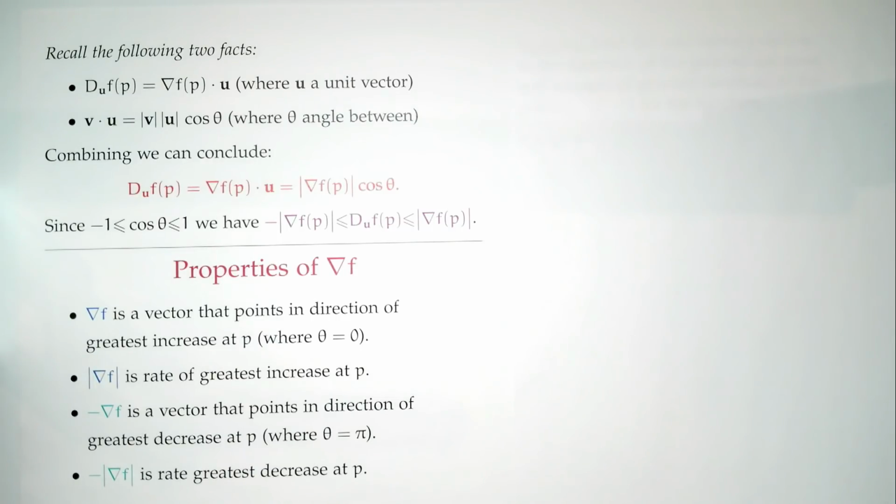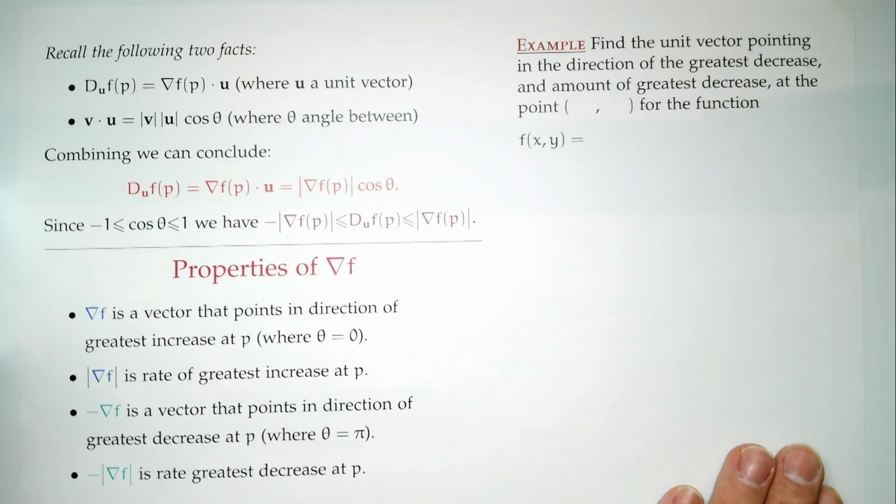So negative the gradient points in the direction of greatest decrease. So again, the negative of the gradient tells us how to go down as fast as possible. And negative the magnitude of the gradient is the rate of greatest decrease. All right, so we have those basic facts.